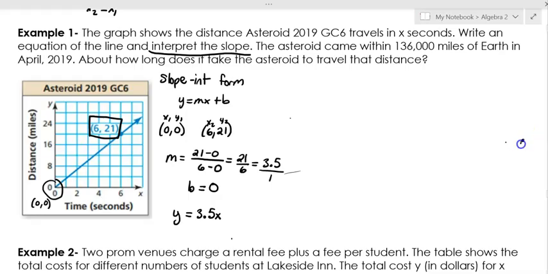All right, so if we think about this as 3.5 miles, and the bottom was in seconds, then what the slope means if we interpret it, which means tell what it represents in this problem, is the asteroid travels 3.5 miles every 1 second.